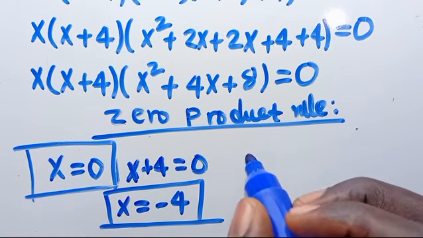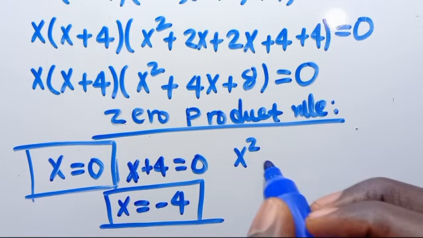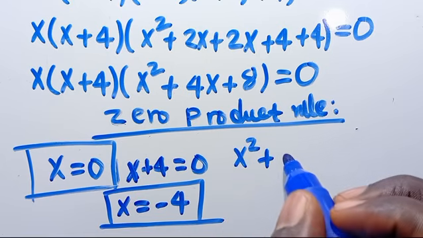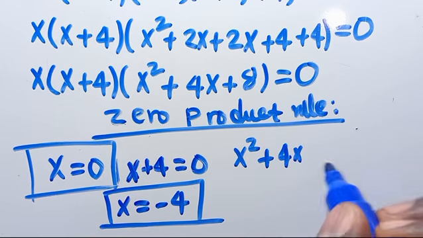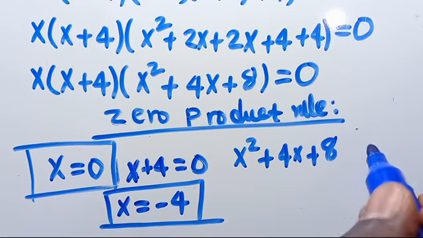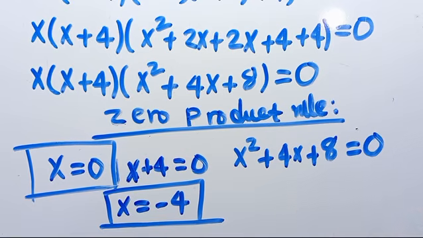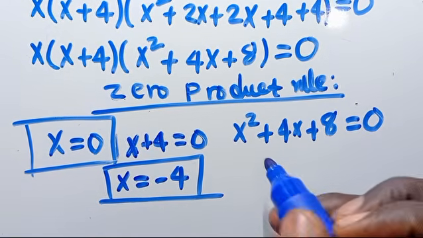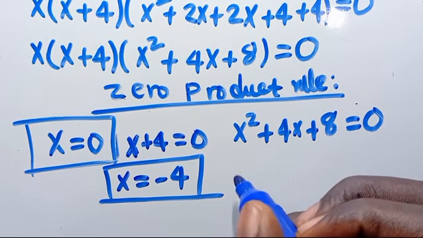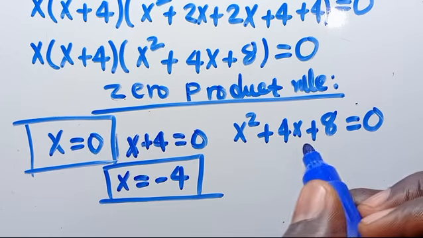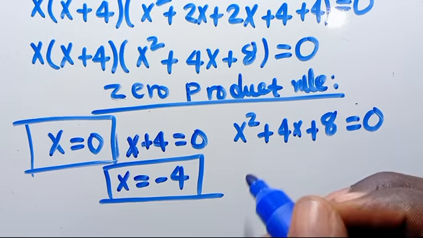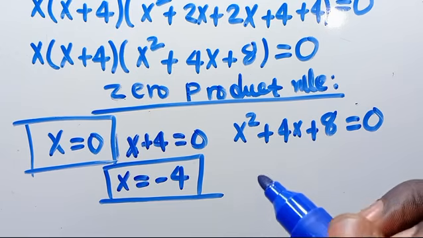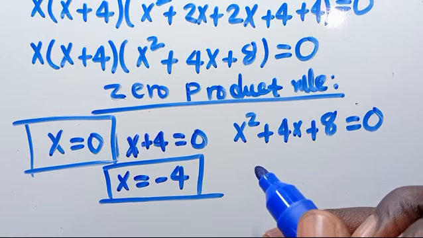Now, or we have x squared plus 4x plus 8 equals 0. So from here, this is a quadratic expression, and we need to apply the quadratic formula.